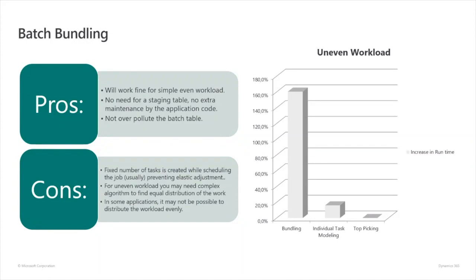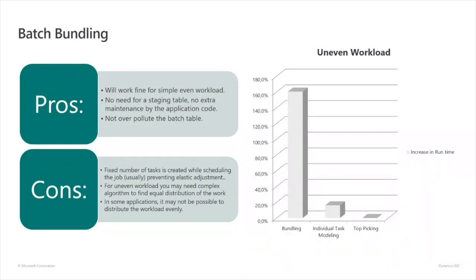And because the number of tasks is pre-created, it will not scale up or down along with the batch schedule, either using yielding or extra resources here. Batch bundling works fine for simple, even workloads, and there's no heavy extra maintenance required by the application code, and it does not typically pollute the batch tables a lot.